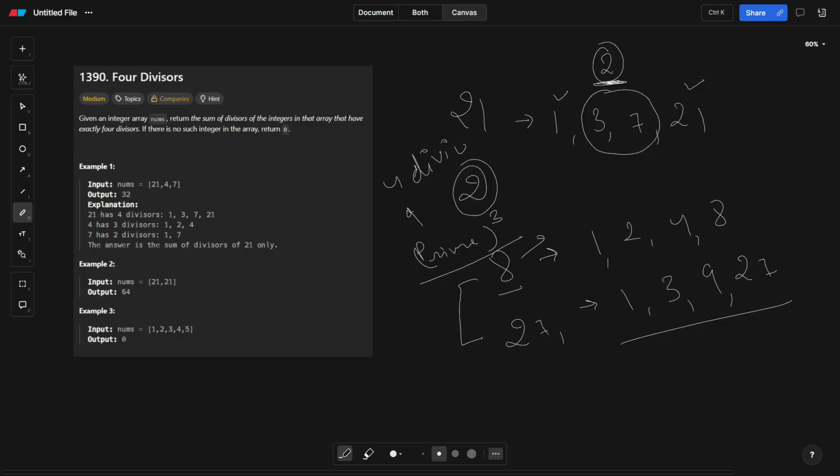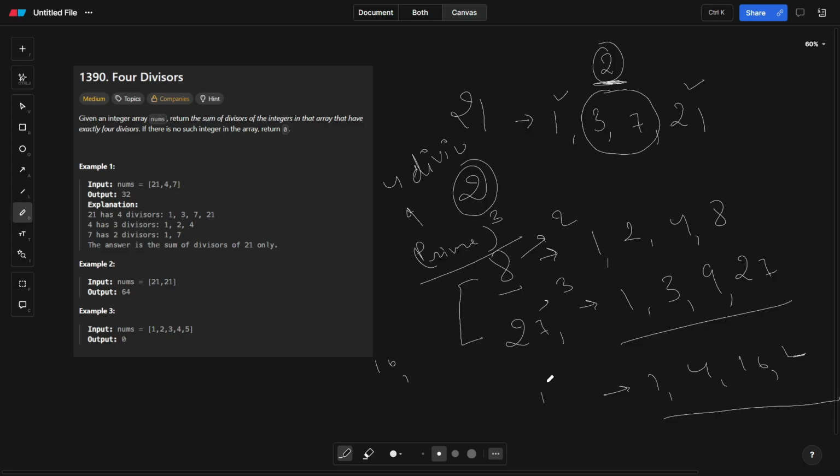Like 8 is the cube of the prime number 2, 27 is the cube of 3. Let's take 4: its cube is 4 into 4 into 4, which is 64.